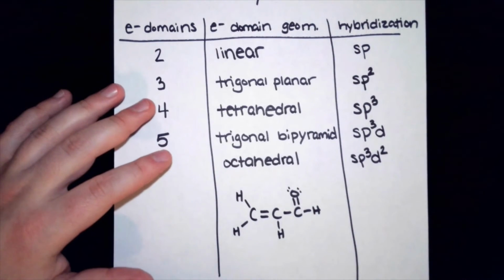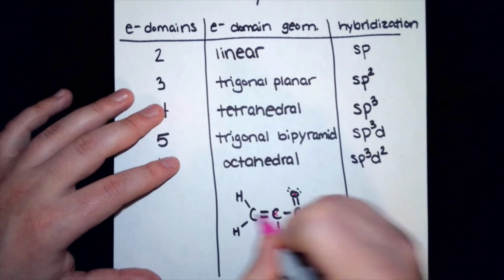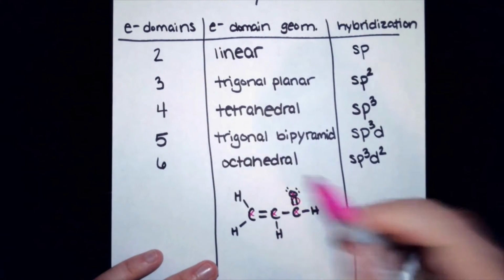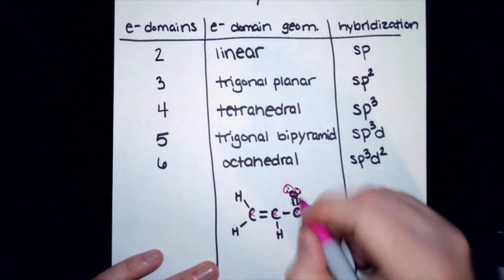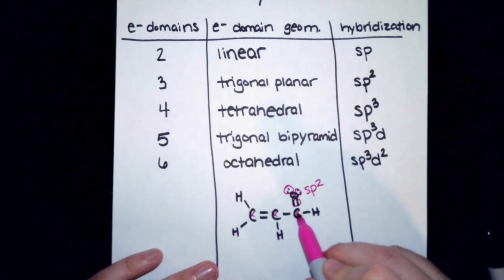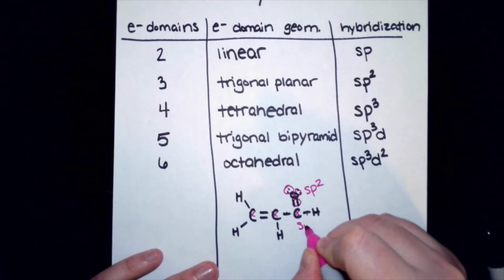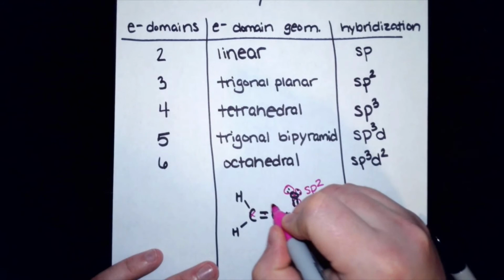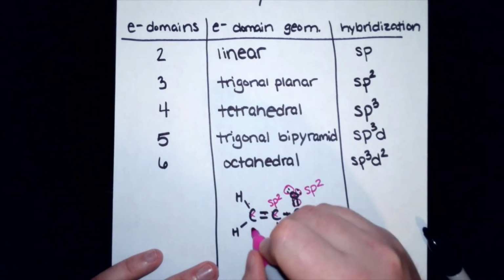So in that case, it'll be the oxygen and each of the carbons. This oxygen has 1, 2, 3 domains. So that's sp2 hybridized. This carbon has 1, 2, 3 domains. It's also sp2. And as I looked, 1, 2, 3 domains for this carbon. So that's sp2. And this carbon again, 1, 2, 3. So that's also sp2.